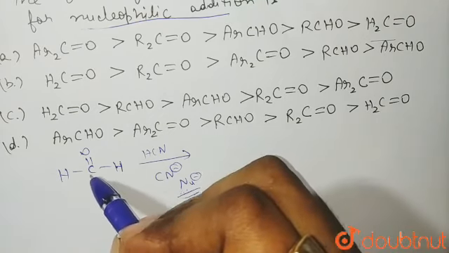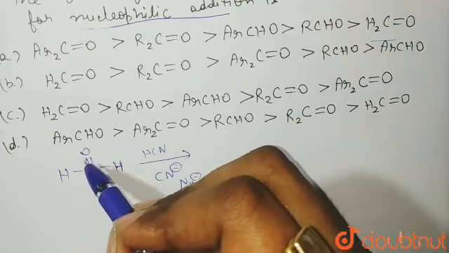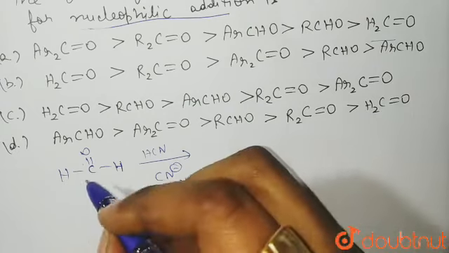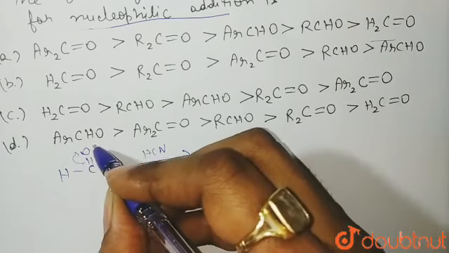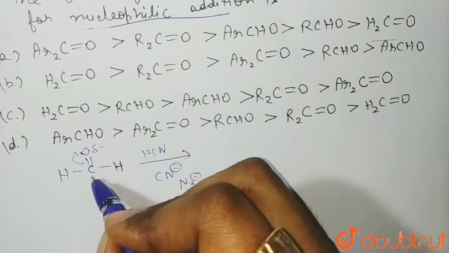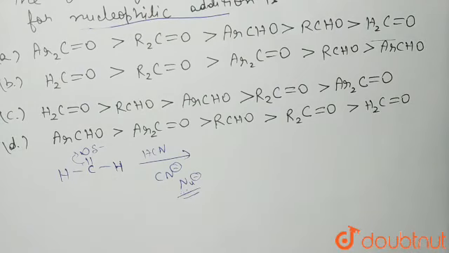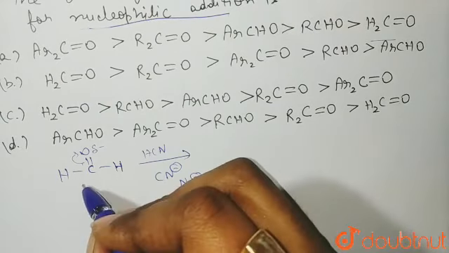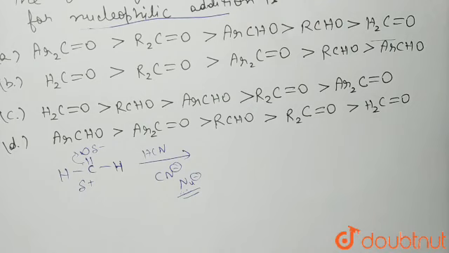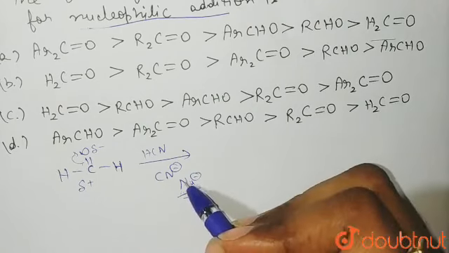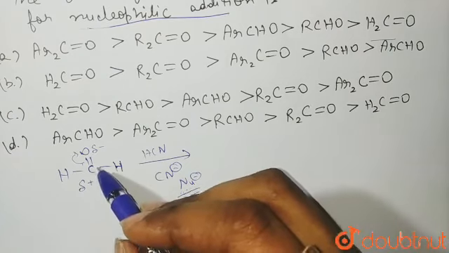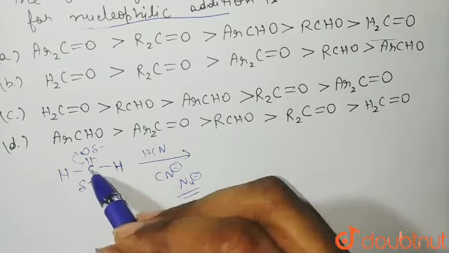Here in the carbonyl group, oxygen is electronegative. It pulls electrons towards itself, so it has a partial negative charge, and the carbon has a partial positive charge. So the nucleophile needs an electrophile, and here the electrophilic carbon is there.